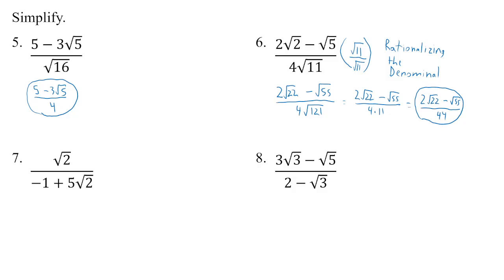But now look at number 7. Notice we have an expression in the denominator, not a radical. So here's what you do. You're going to multiply both the numerator and the denominator by the conjugate of -1 plus 5 times square root of 2, which is 1 minus 5 times the square root of 2.